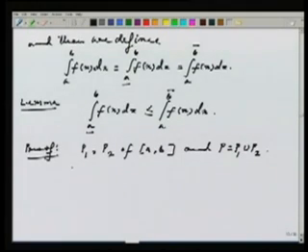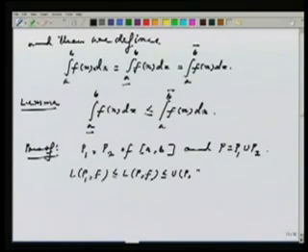Then I anyway know that L(P1, f) is less than or equal to L(P, f). As I have observed, if you put more points in a partition, then L(P, f) increases. But L(P, f) is anyway less than or equal to U(P, f), but P has more points than P2, so U(P, f) is less than or equal to U(P2, f).